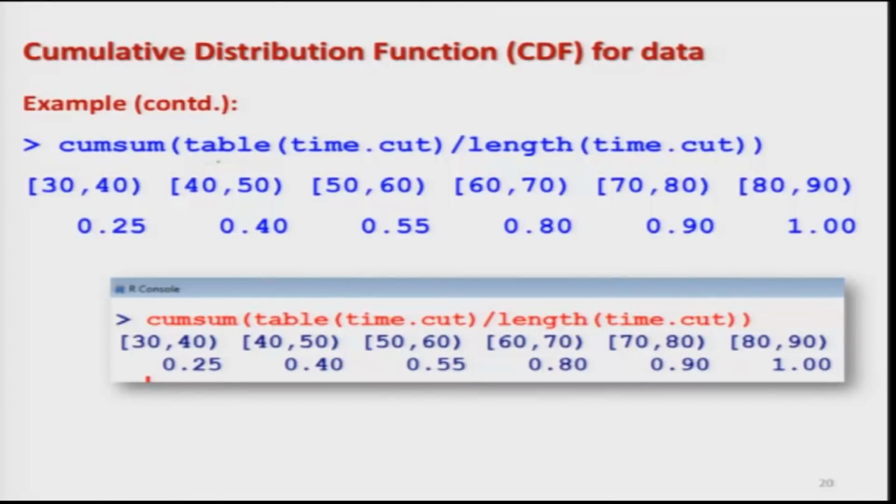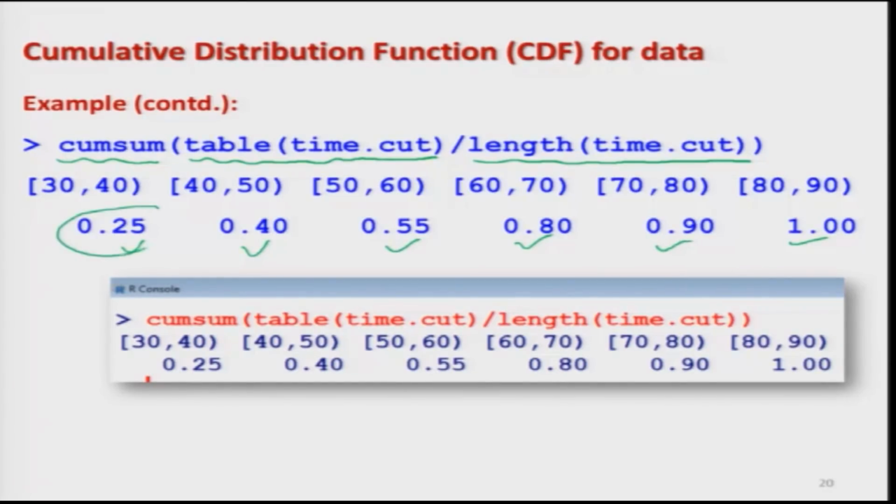So, again I would try to show you here that now I have operated the cumsum on the earlier data table, time.cut, but now it is divided by the length of time.cut. So, now this is giving me the sum of the relative frequencies.